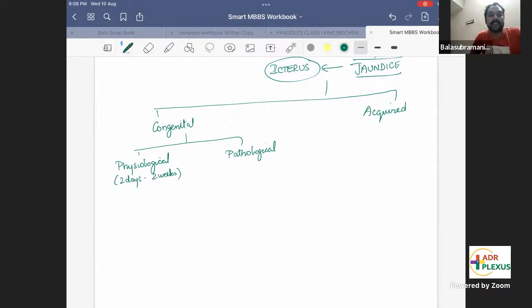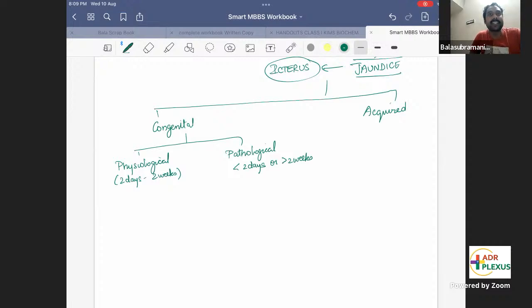The baby is born, the first 2 days are uneventful, no problem. From 2 days to 2 weeks, if jaundice develops, it is called physiological jaundice. Pathological jaundice is any jaundice present in less than 2 days or greater than 2 weeks. Very simple, the classification is very clear.